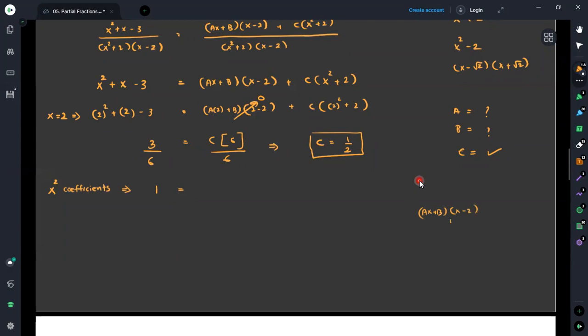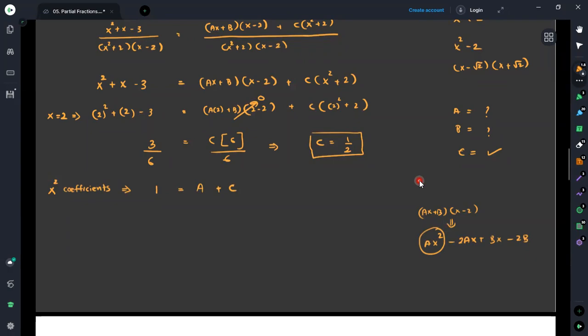If we expand this, we get ax squared minus 2ax plus bx minus 2b. Here we can see that there is only one x squared term and the coefficient is a. The expansion of the other term gives cx squared. Therefore, the coefficient of x squared would be c.